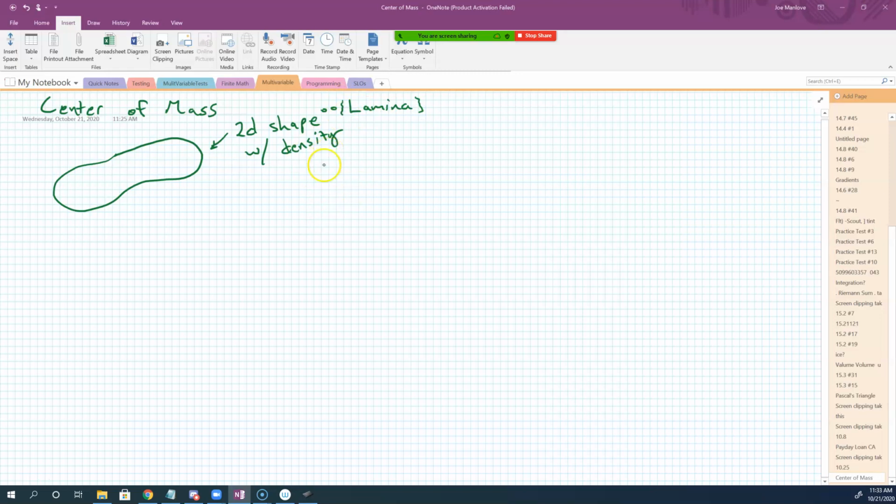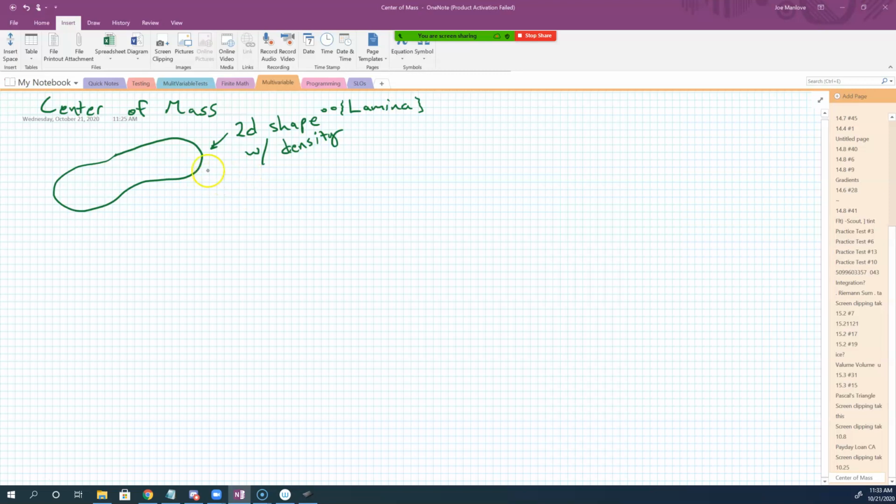Think big flat thing with variable weights. Or alternatively, you can think about the weights as being thickness, and then you can think about this thing as being uniform in density. Does that sort of make sense?